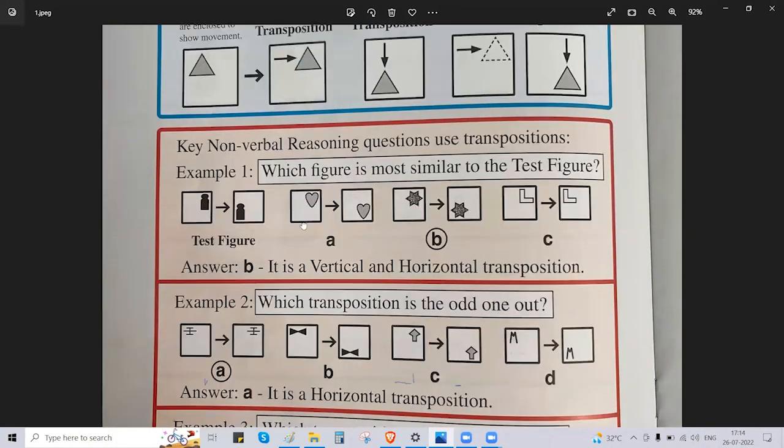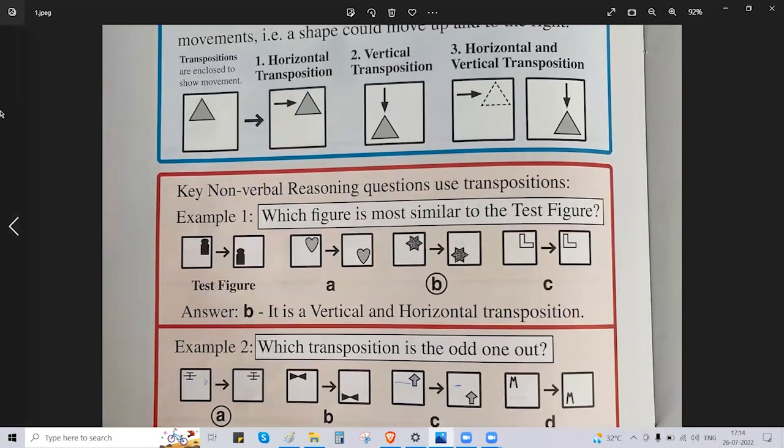Now let's try the second one. Okay. The second one, let's see. So it's moving just to the left. So the answer would be something that moves to the left. So the odd one out. You need to find the odd one out.